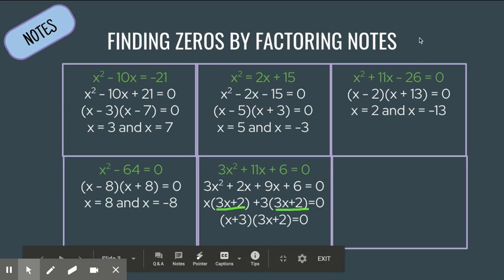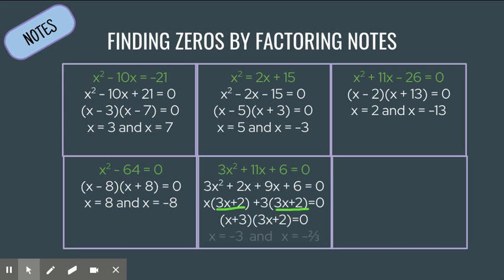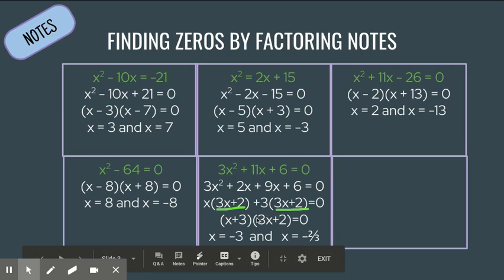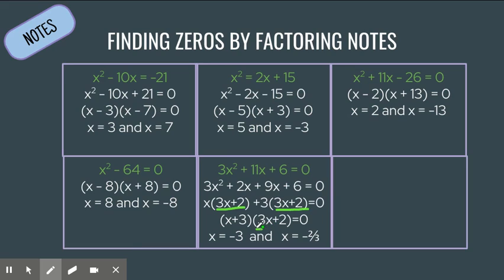Then I'm going to set each of these equal to 0. When x plus 3 equals 0, it's going to be negative 3. And then let this one sink in for a second. If I covered up this 3 in the front, this one would have been negative 2. And then I have to divide it by 3. So almost imagine as if you are solving this equation right here.